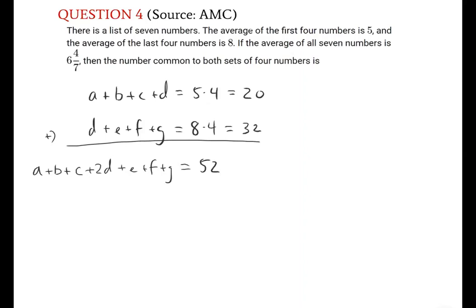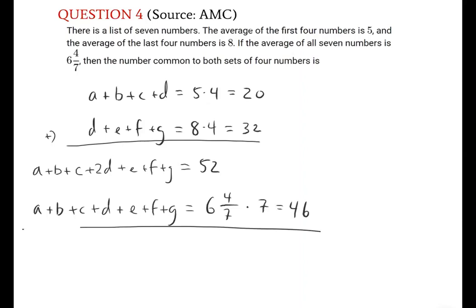So basically, the sum of all of the 7 numbers, A plus B plus C plus D plus E, F, G, will be equal to 6 and 4/7 times 7, or 46.